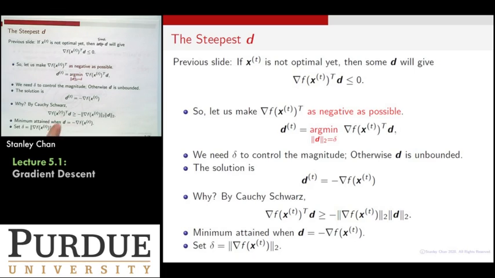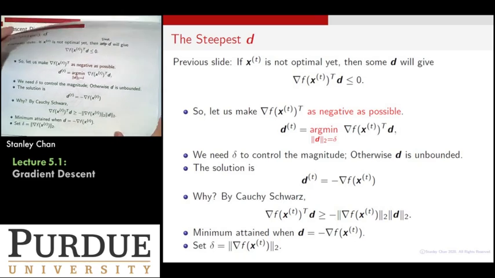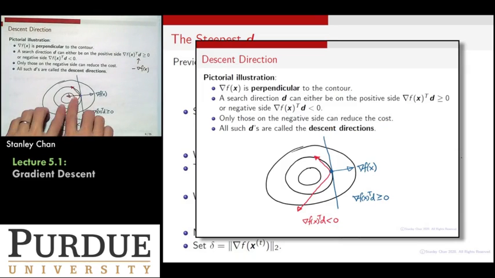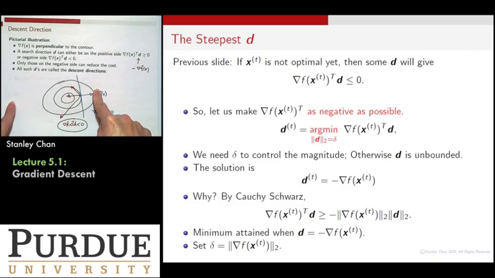But I also have a constraint here. Why do I have a constraint that the magnitude of d has to be equal to delta? That's also clear. If you don't put a constraint here, then along the search direction, any number will work, so you can just scale it infinitely bigger.